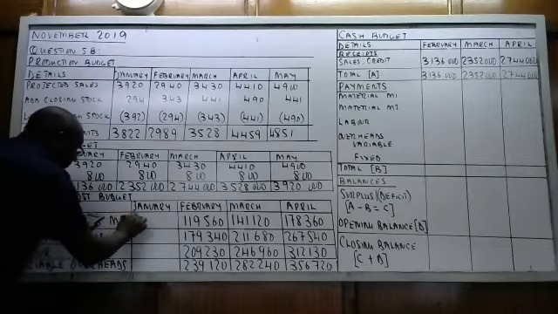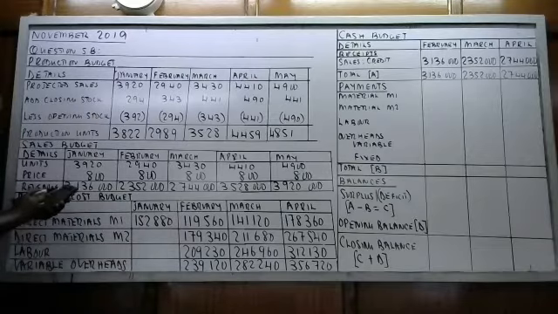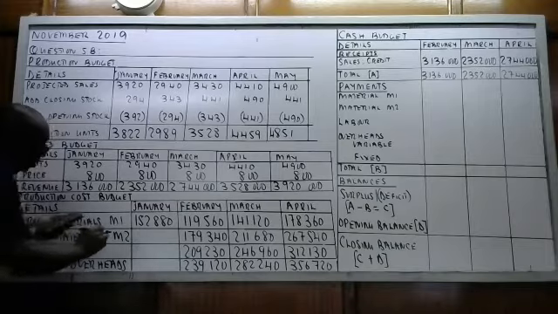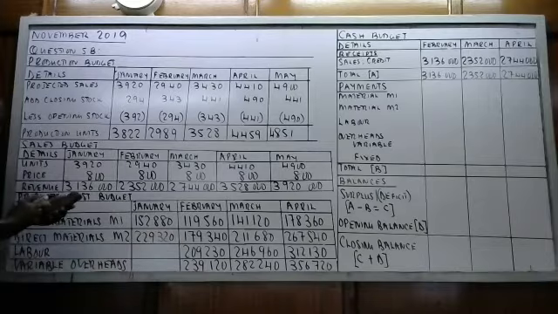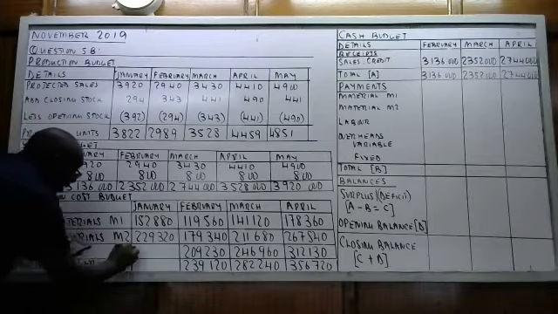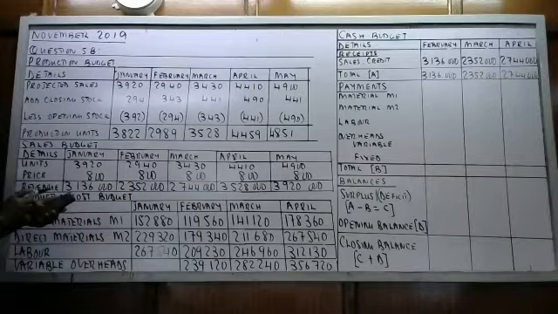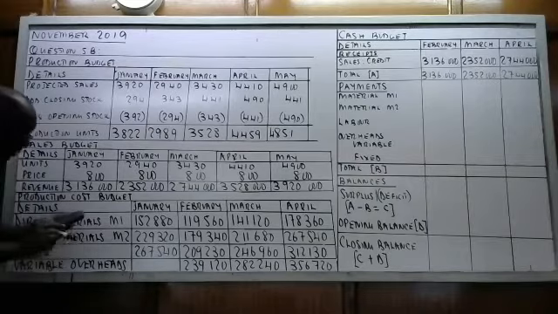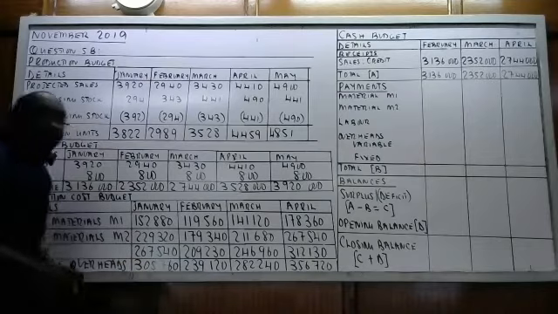Sasa hii itasema ni 152,880. 3822 multiplied by 60, unapata 229,320. 3822 multiplied by 70 is 267,540. 3822 multiplied by 80 is 305,760.